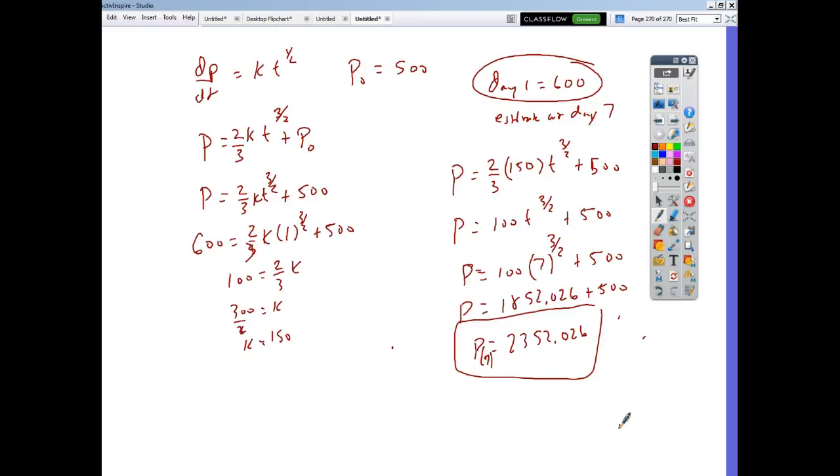If they give you estimate to the nearest whole bacteria, you can stop here, or if you keep going, they'll still accept it as the right answer. So if you keep going, you're never wrong. Even though it's a silly statement, right? Make sense, everybody?